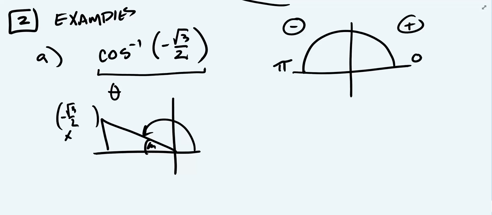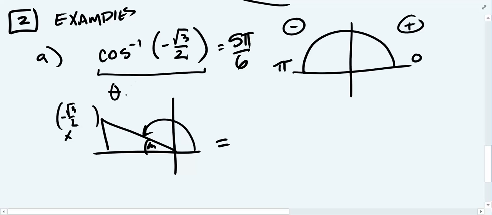So this is equal to 5 pi over 6. Because this says the angle whose cosine is negative root 3 over 2. If we restrict the domain between quadrants 1 and 2, there's only one angle whose cosine is negative root 3 over 2. And that angle is 5 pi over 6.